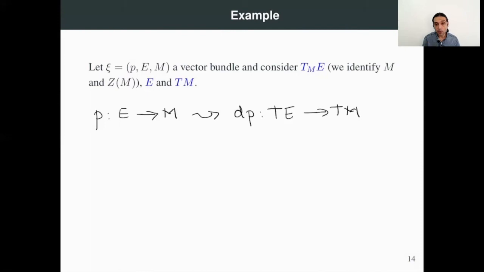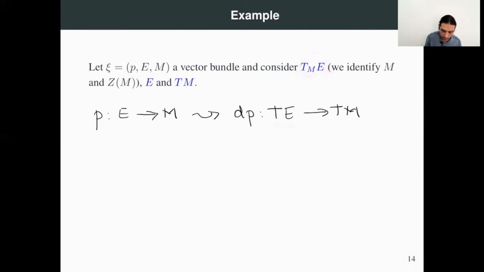But now we can restrict this differential of P to this space, which is a subset of the total tangent space.